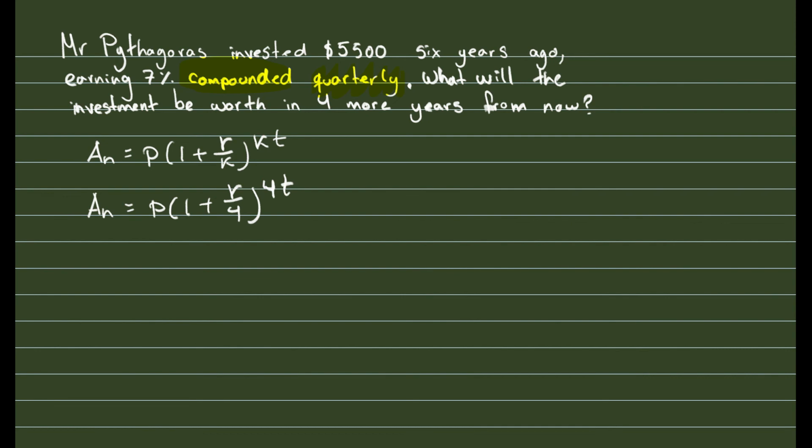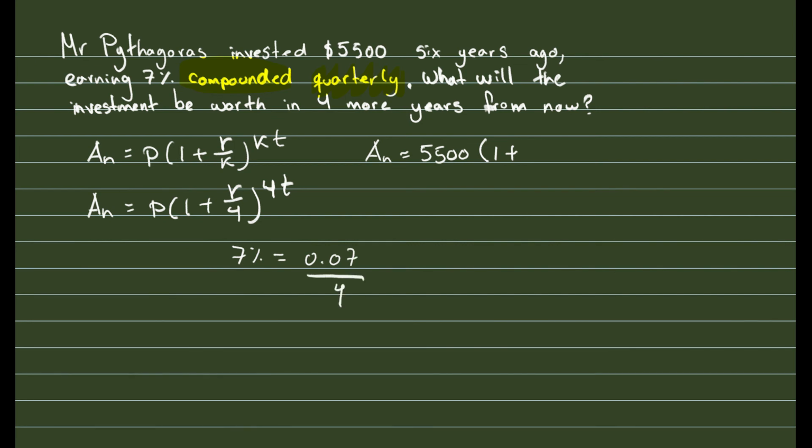Let's see what this becomes. The principal is 5,500. So it's equal to 5,500 times 1 plus, well, what is the rate? The rate is 7%. 7% in decimal is 0.07, and let's divide that by 4.